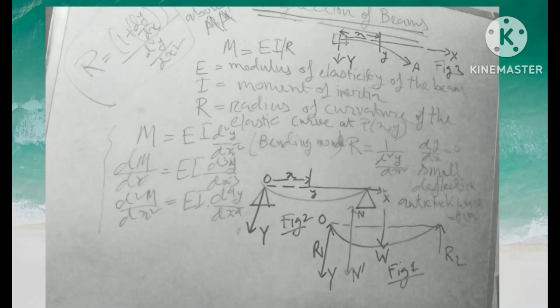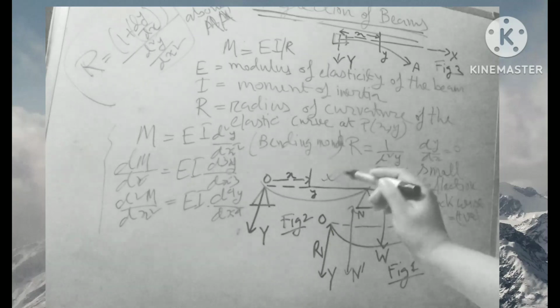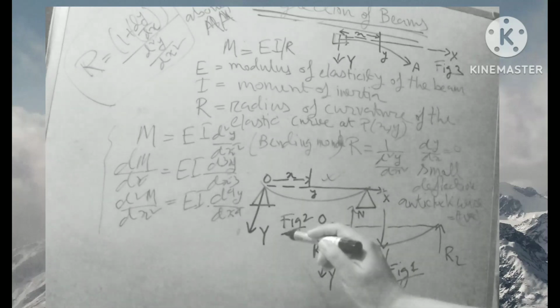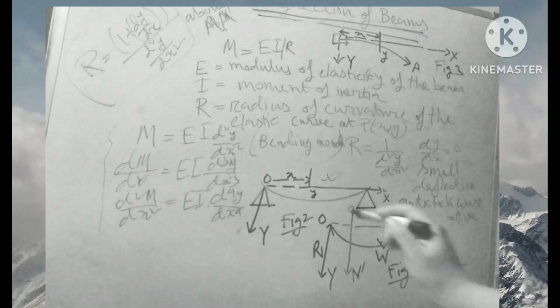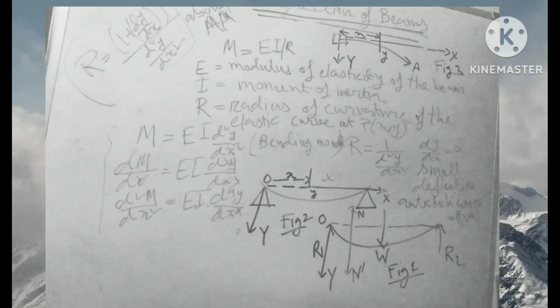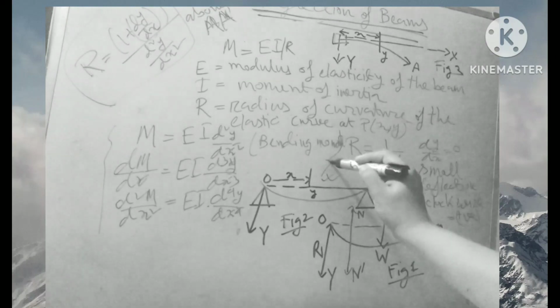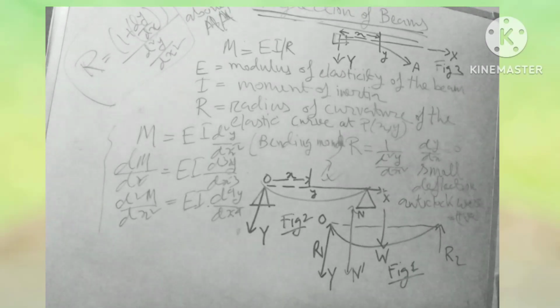The arbitrary constants appearing in the solution of the differential equation for a given problem are found from the following conditions. At a freely supported end, there is no deflection and no bending moment.